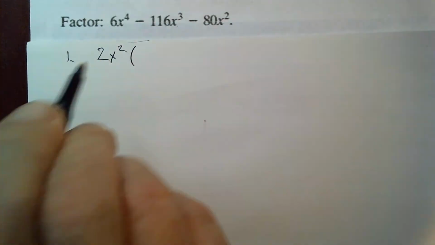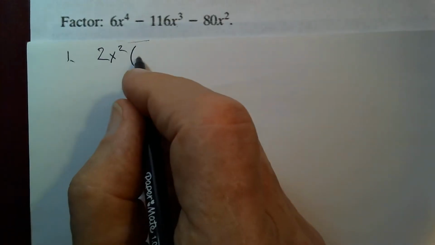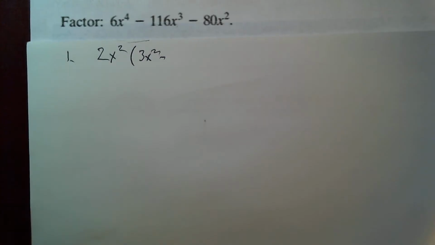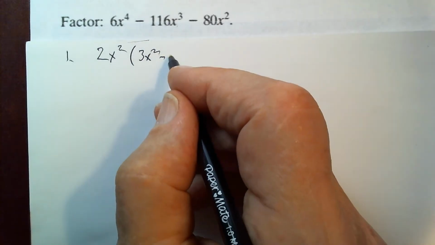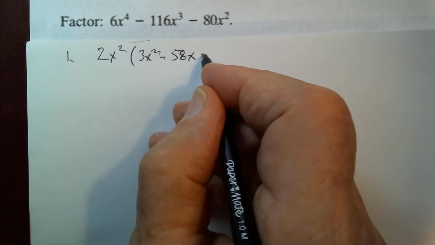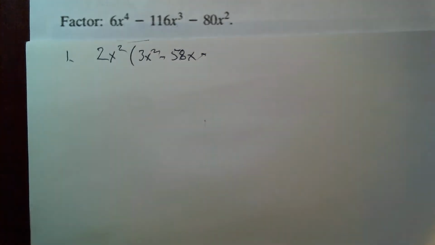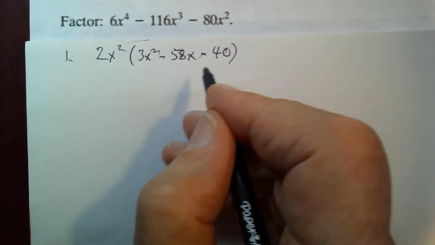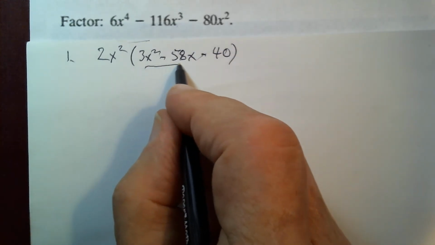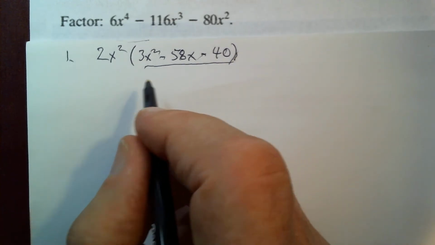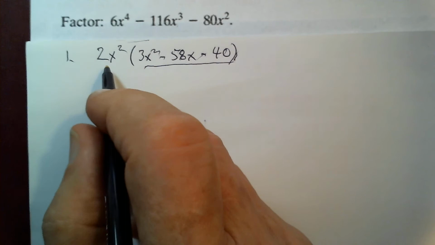So that gives us a 3x squared minus 58x minus 40. Minus 40 rather, minus 40. So now we just need to look at this trinomial here, and we'll take care of the 2x squared later on.